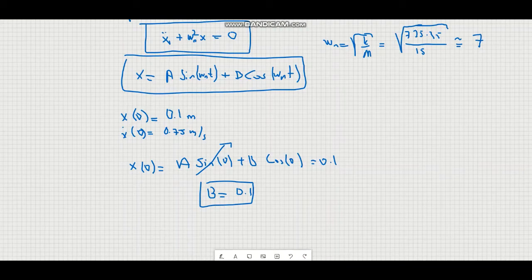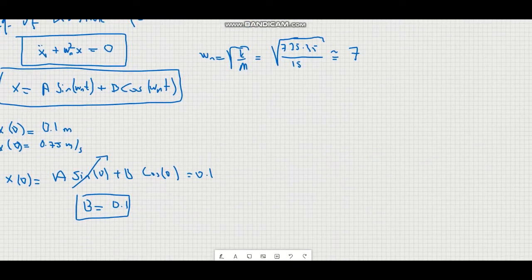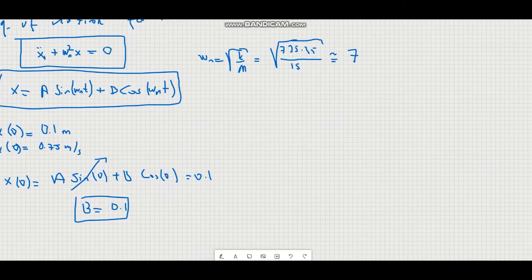Okay, I found the b constant, so right now I will use the first derivative of x in order to define a. So x dot, how are we gonna take it? We need to take the first derivative of sine and cosine.